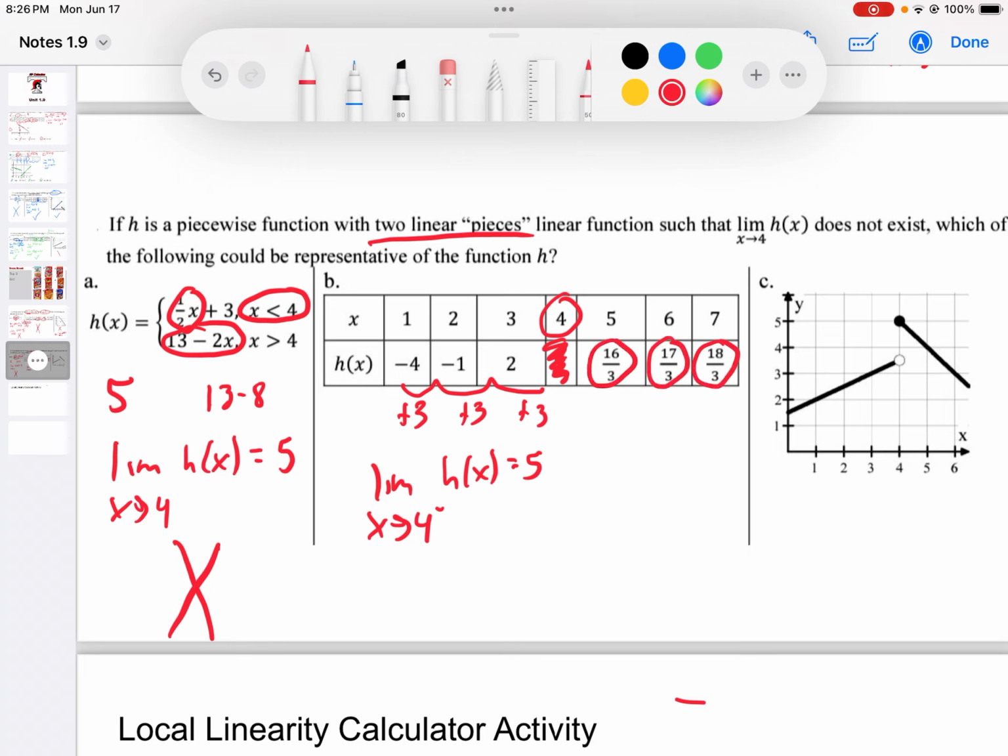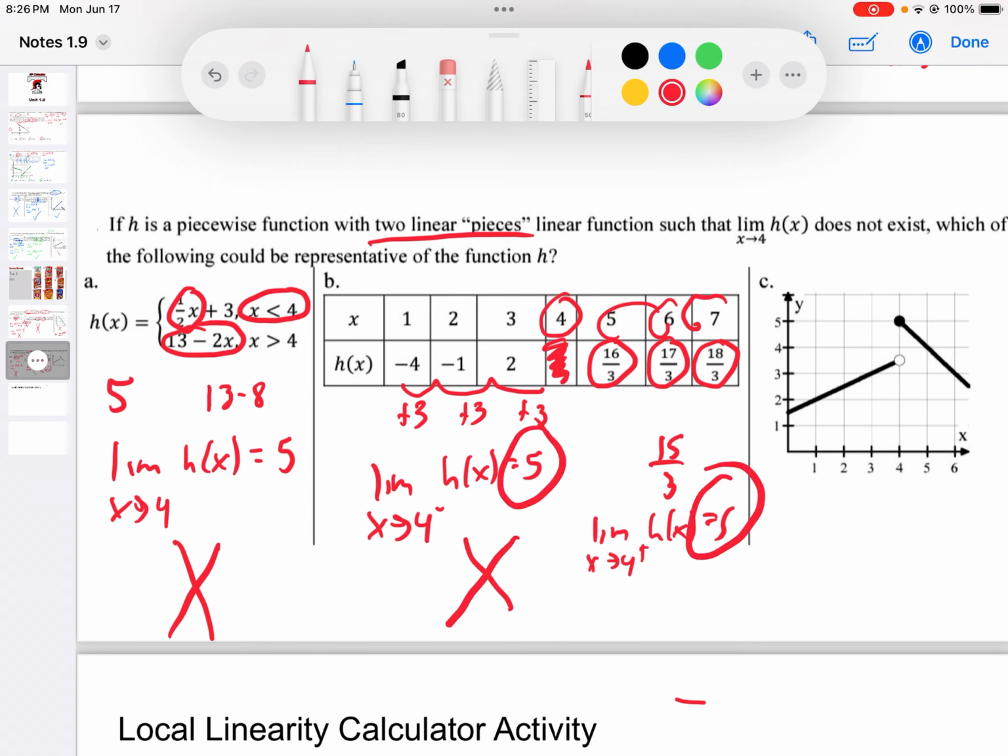Okay, 18 thirds, 17 thirds, 16 thirds. These are going down by 1, by 1, by 1. So the next one would be 15 thirds, if that pattern continues. So it looks like the limit as x approaches 4 from the right of h of x is also 5. Those match. So the limit is 5. It doesn't not exist. So that couldn't represent it. Hey, here we go. From the left, from the right, they don't match. That's the one. The limit does not exist.